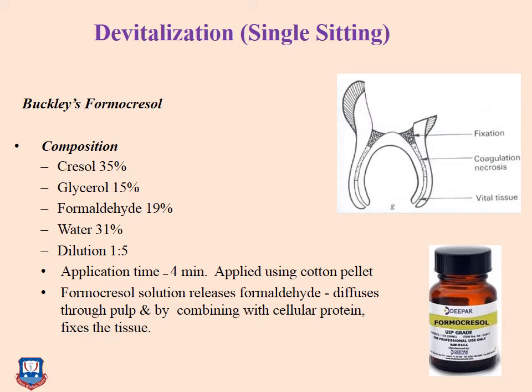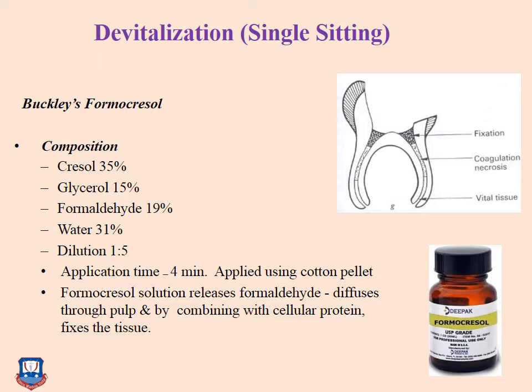So moving on to the devitalization, which is a single sitting. The most commonly used over here is the formocresol. So formocresol consists of cresol, which is 35%, glycerol, which is 15%, formaldehyde 19%, water, which is 31%. So that dilution being 1:5 ratio.